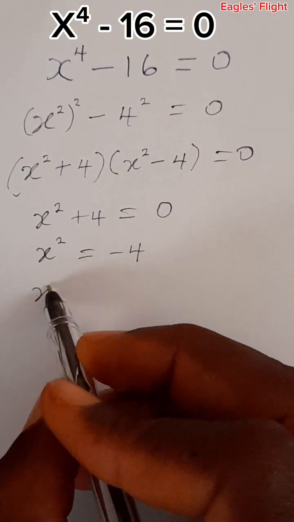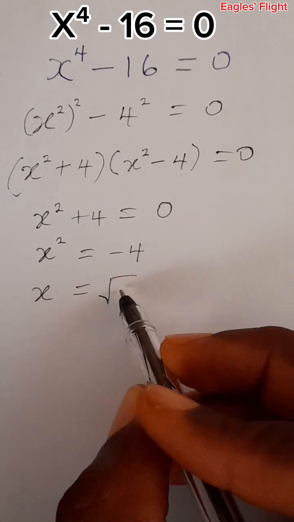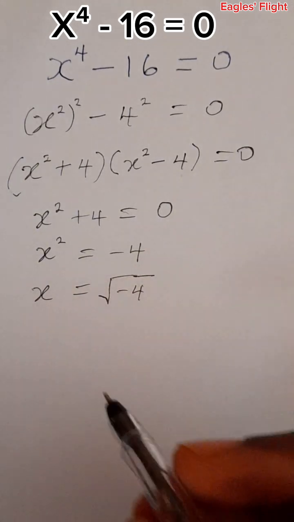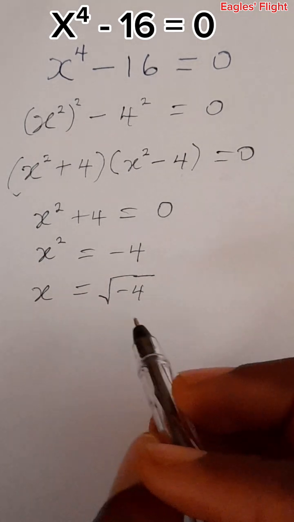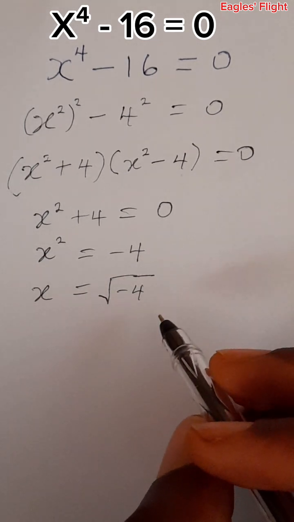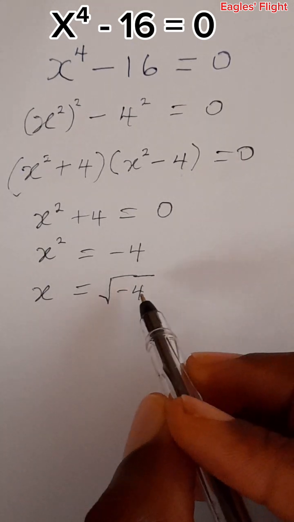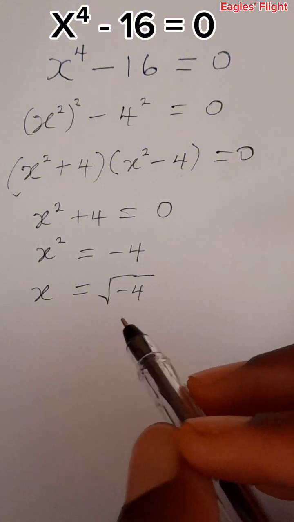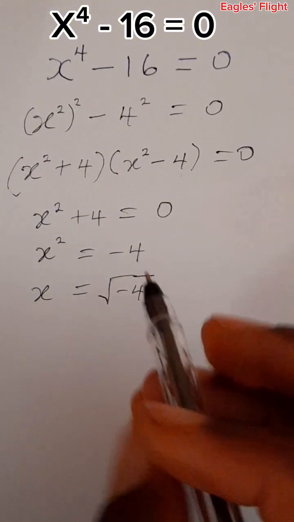This gives us x equals the square root of minus 4. Now, when you punch your calculator directly, it gives you a math error because this is a negative value. Being a negative value, it draws our attention to complex numbers, so it's going to have an imaginary root.